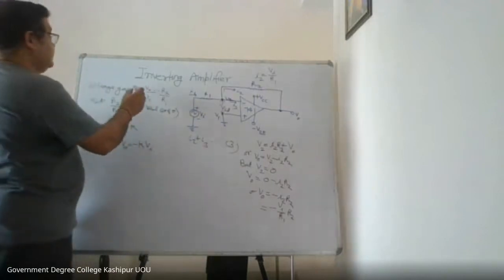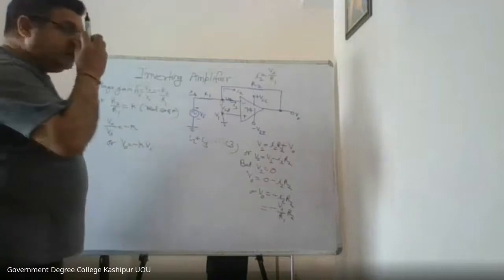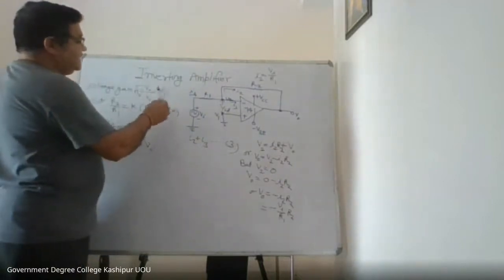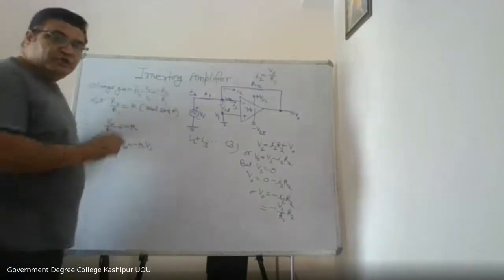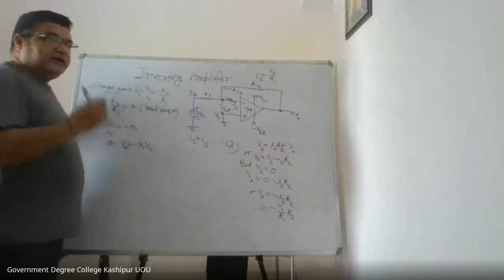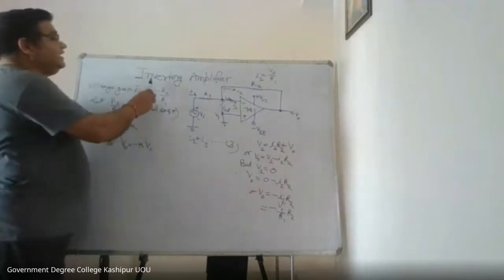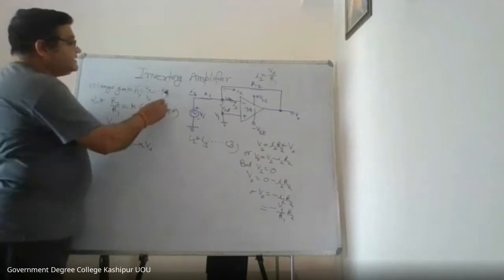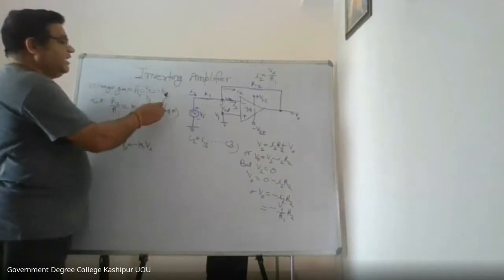just see, voltage gain equal to minus R2 upon R1. Means the voltage gain of this inverting amplifier is the ratio of two resistances R2 and R1. We can change this gain accordingly, and for a particular application, we can design a particular inverting operational amplifier by adjusting or managing the values of these resistances R1 and R2.